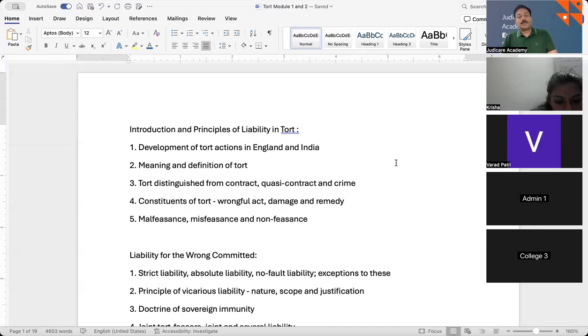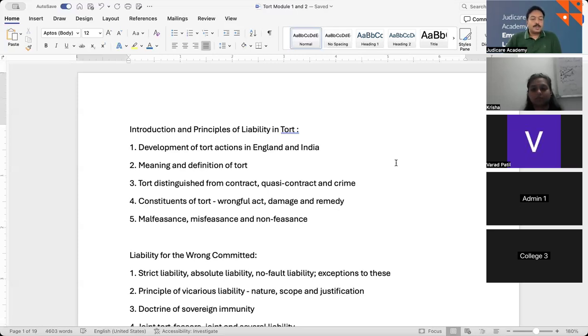Now, as we know, all our laws basically are originating, the procedural laws, the basic laws, all of them are coming from England. So that is why, to trace back the history of the tort, we have to go back in the historical background with the development of the tort actions in England first.